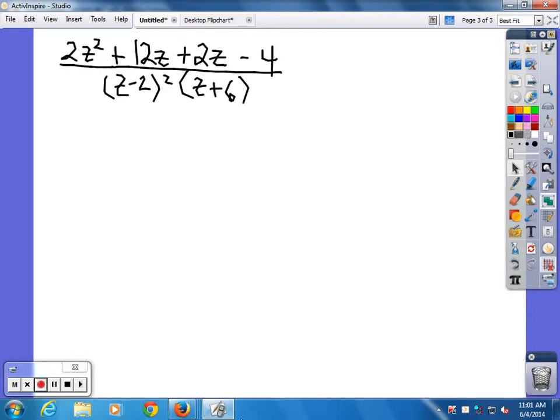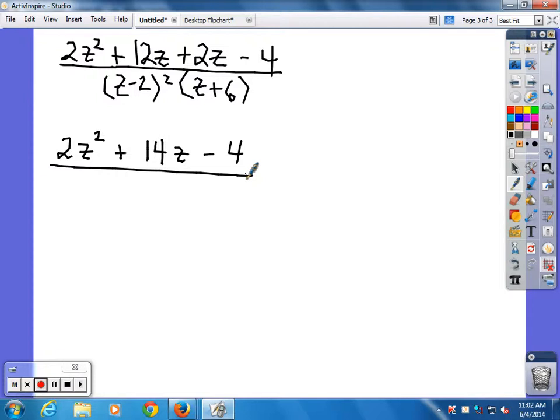So 2z squared plus 14z minus what? Over z minus 2 quantity squared, times z plus 6. Factor out a 2.